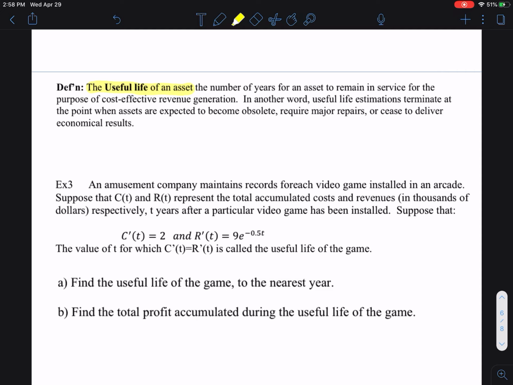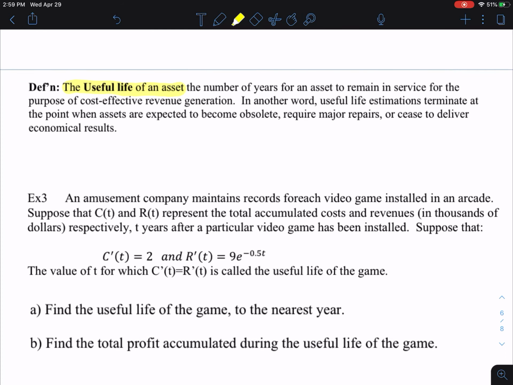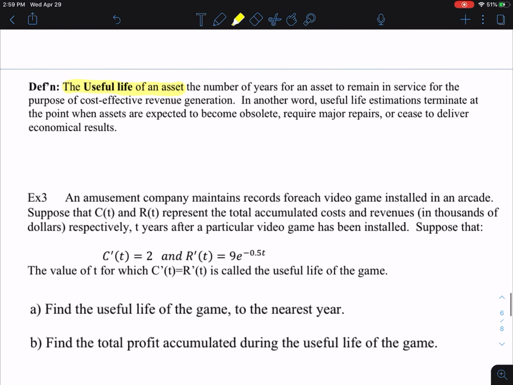At some point your tractor breaks down and it costs more to repair the tractor than what it is generating in revenue. Or as simple as a coffee maker at home, at some point it stops working, and there's no point fixing it because it costs even less to buy a new one. But those are just simple examples.